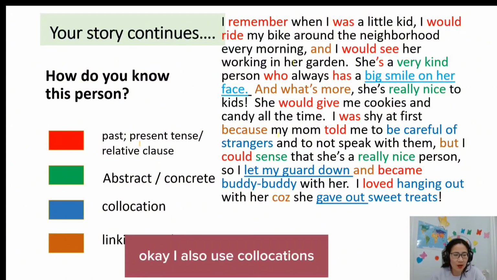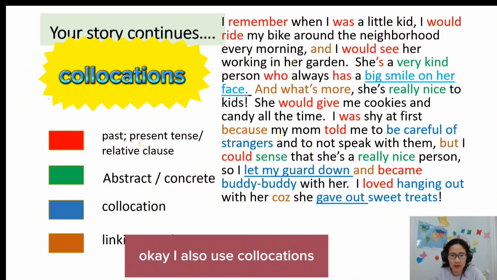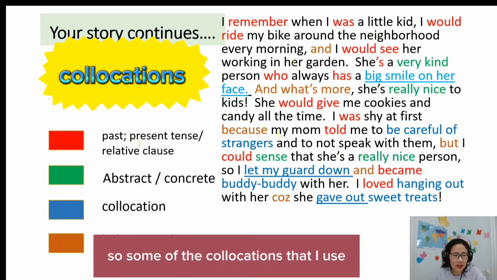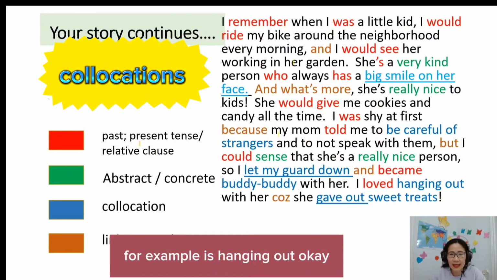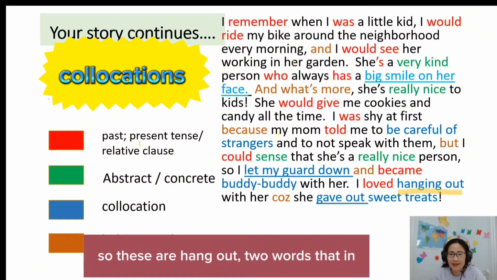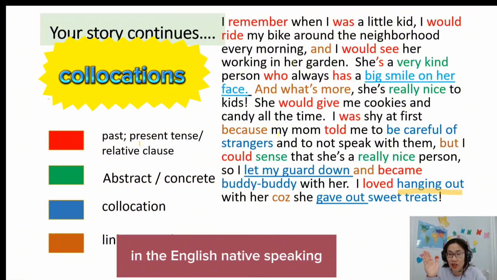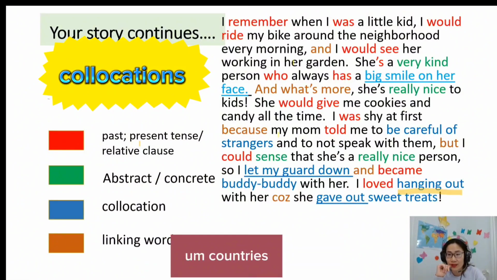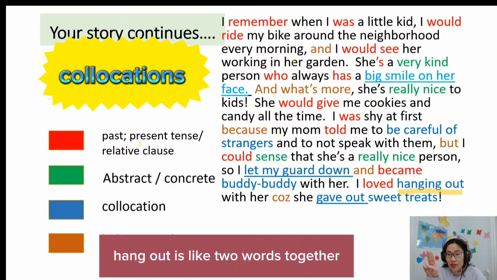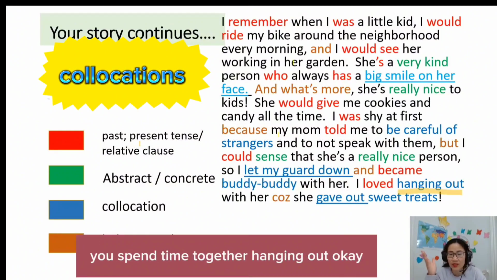I also used collocations. Some of the collocations that I use, for example, is hanging out. Hang out is two words that, in English-speaking countries, means you like to be together, you spend time together.